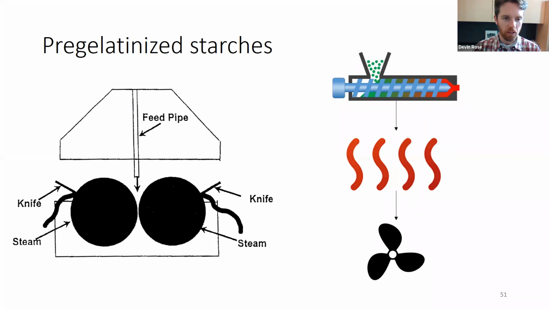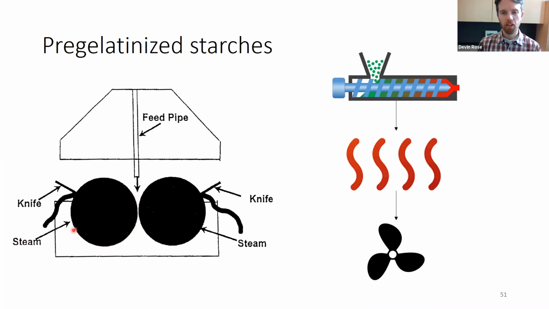Right here at the very beginning, you've got a lot of water and some starch, and that water cooks the starch. Then because this barrel that's rotating is heated, that water is going to evaporate and dry out the starch.